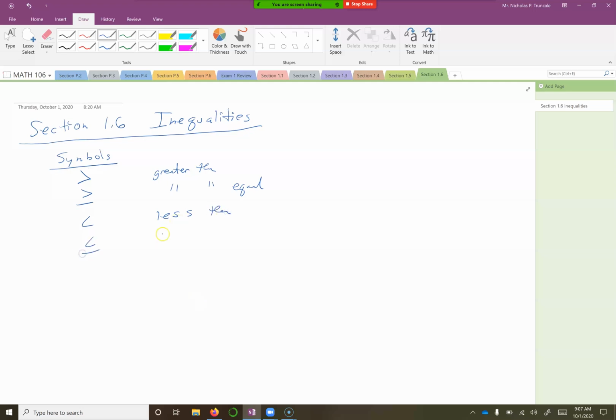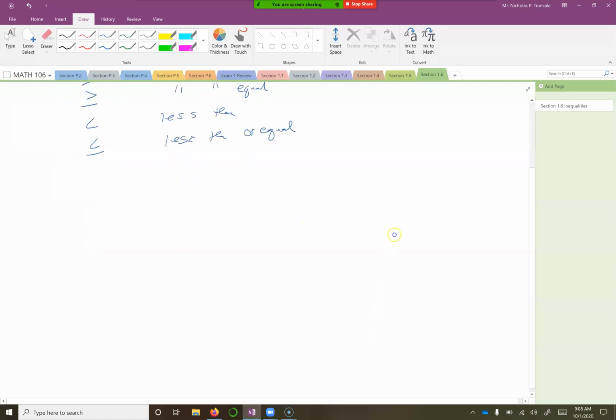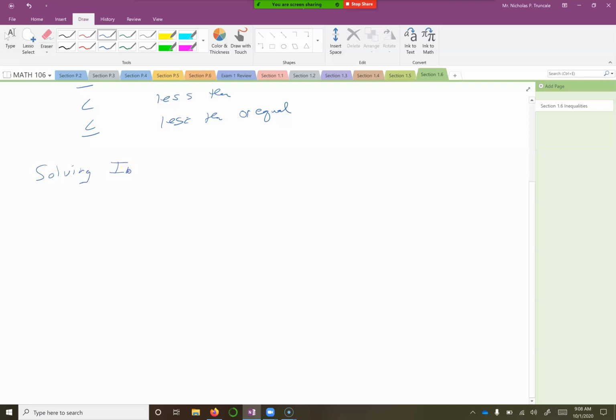And then less than or equal. I probably didn't even need to write that out because everyone should be aware of those. But now, something you may not have done, though most of you probably have, would be solving what we call inequalities.